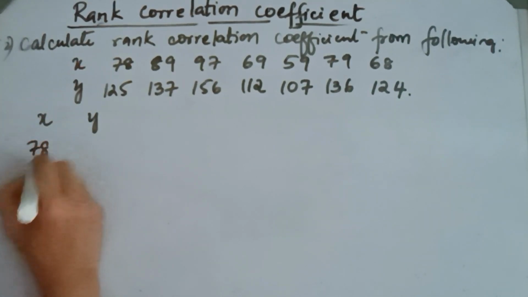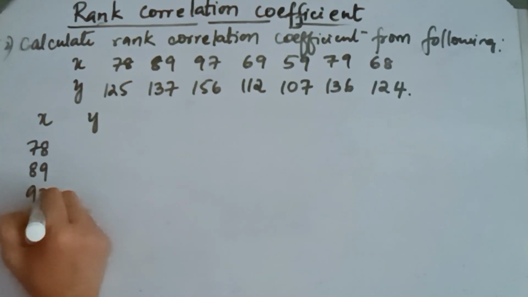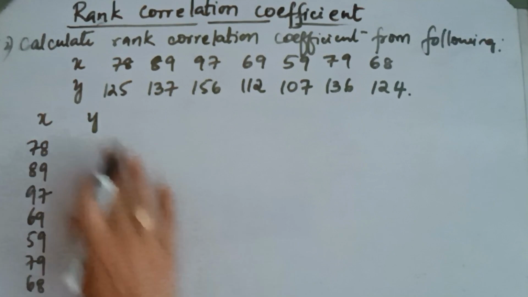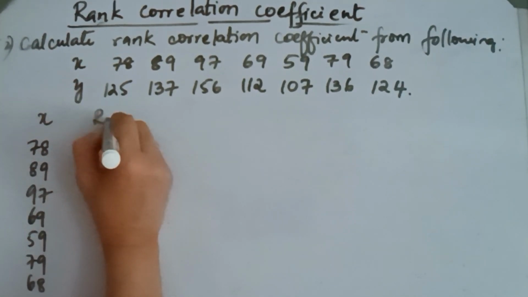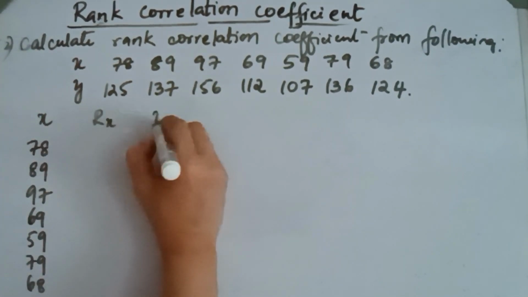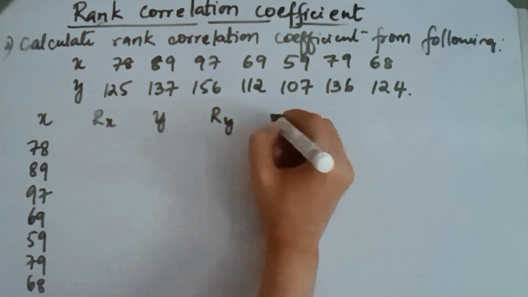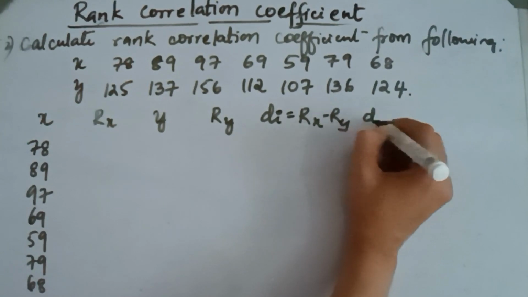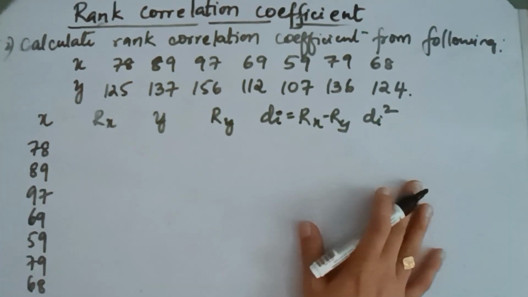X values are 78, 89, 97, 69, 59, 79, 68. Then I have to assign the rank for these x values, then the y values, rank for y values, then di, which is rx minus ry, then di square. So these are the columns of the table.